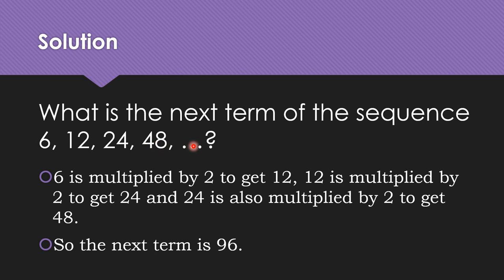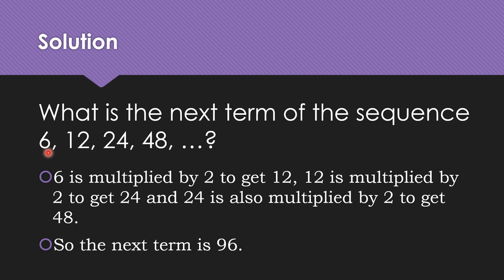Therefore, to get the next term, we're going to multiply 48 by 2. The product is 96. Therefore, the next term in this sequence after ng 48, so we can now write here 96. Kasi yung nakita nating pattern, minumultiply sa 2 yung previous term to get the next term. So, kita naman natin yan.